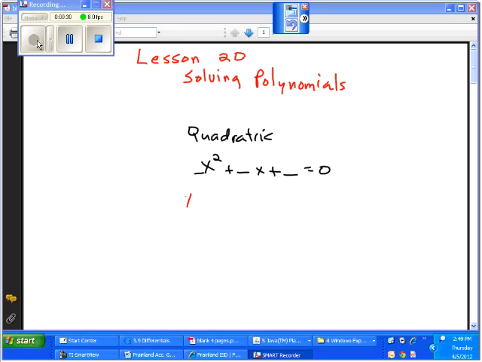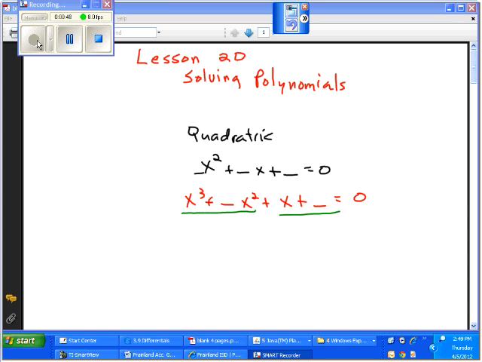quadratics. We know if it was an x to the third plus something x squared plus something x plus something is equal to 0, if it was set up nicely so that we could factor by grouping, then we may factor.